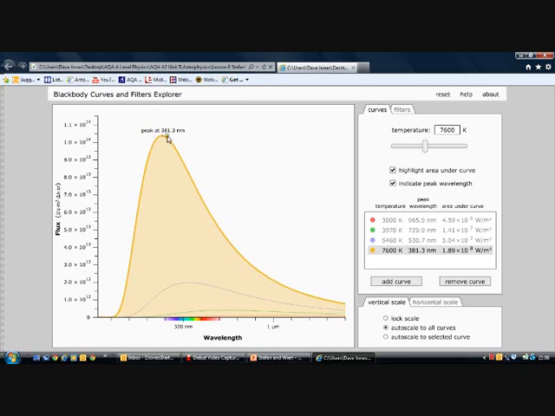The area under this curve indicates the total power output. Here's our red star, here's the Sun, here's our very hot star. Just bear in mind that these would only be a comparison between stars with equal area, so if the red star was huge, it still might be giving out more power.